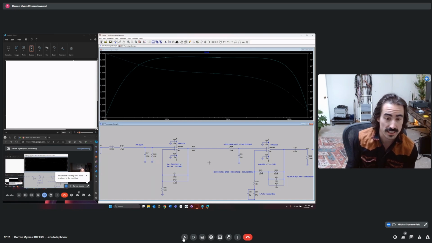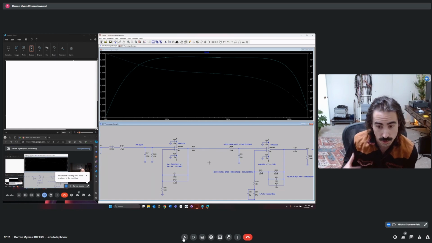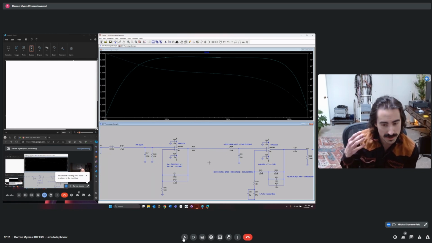The reason being is that how do we measure current noise on an amplifier? Well, we would actually terminate the input to that amplifier with a high impedance and then measure the noise on the output. When we're measuring voltage noise, which is what most people are used to, you would short the input and then measure the output noise.